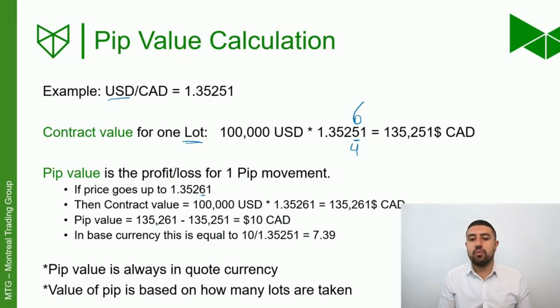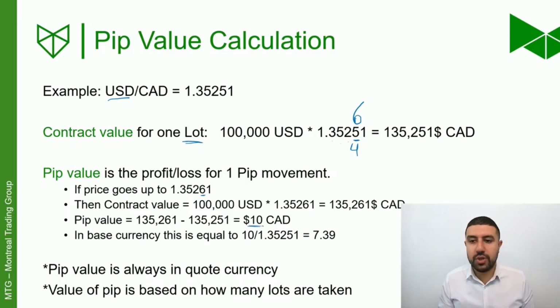Now, the pip value: in this case, if this currency moves up by 1 pip, how much money would we have made? Well, we would have made 135,261, the price at which we're selling, minus the price at which we bought, 135,251. We would make $10 Canadian.